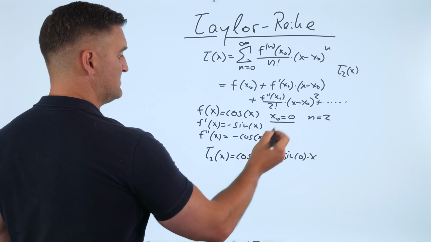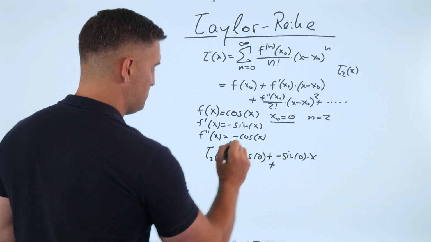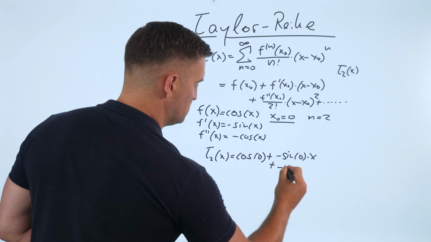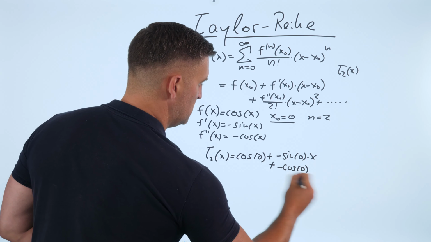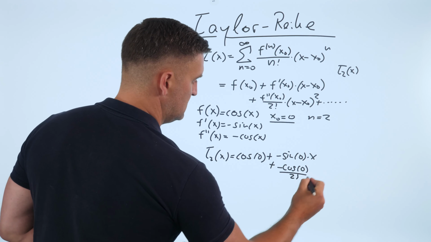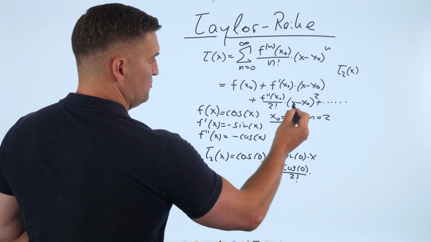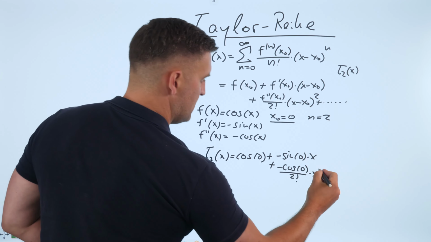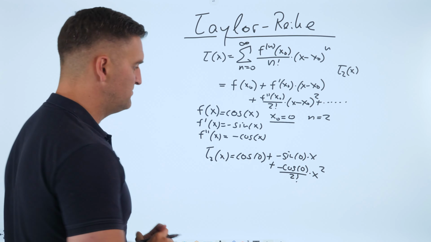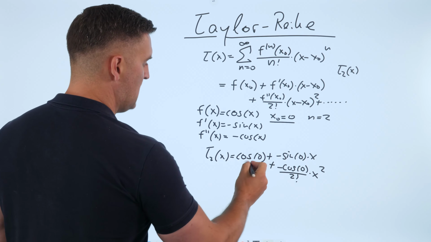Plus, now plug in 0 in the second derivative, we have minus cosine of 0 divided by 2 factorial times x minus x naught squared, and x naught is again 0, so it remains x squared. And with that, we're almost done. Now just calculate accordingly.